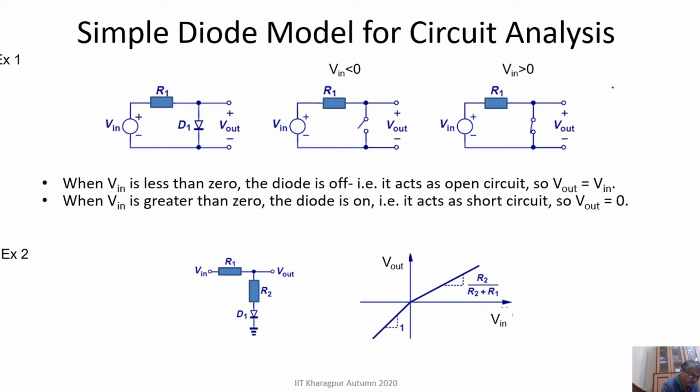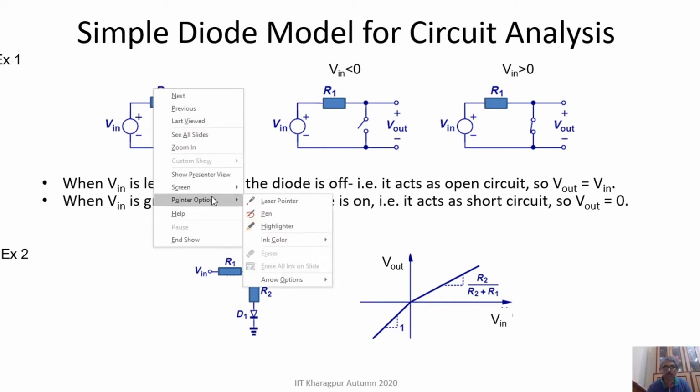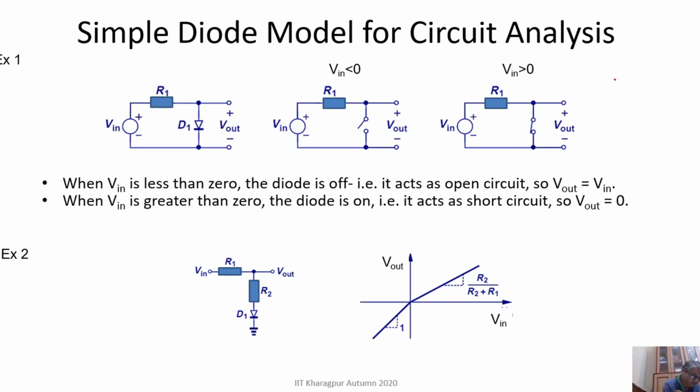So the diode can be assumed to be a switch, where we have considered the diode as off when it is an open circuit, or when the diode is on, then we consider the diode a short circuit. So using that we have tried to solve this example 1.